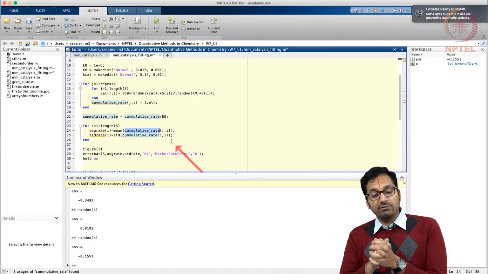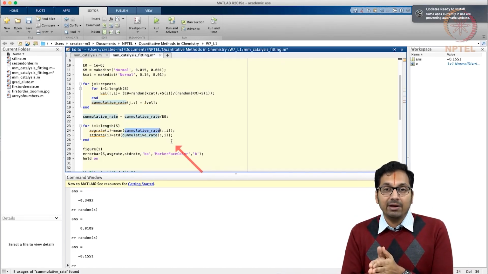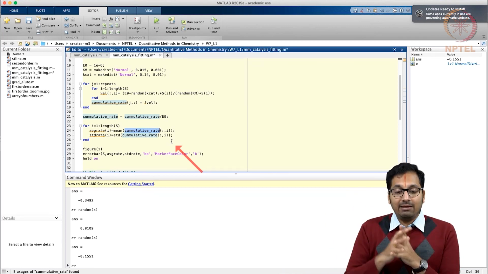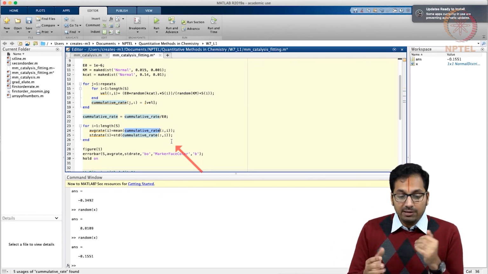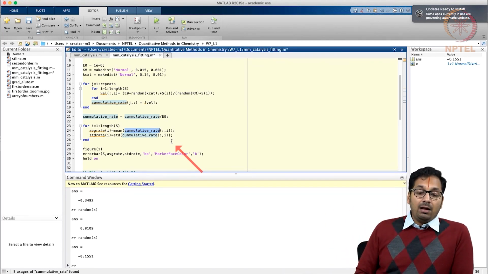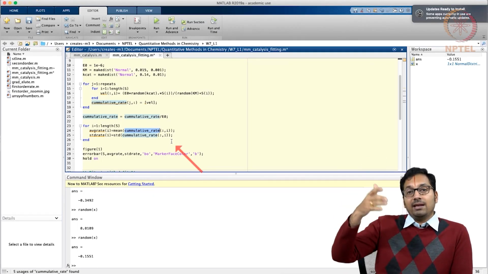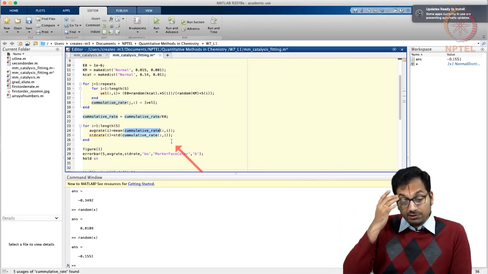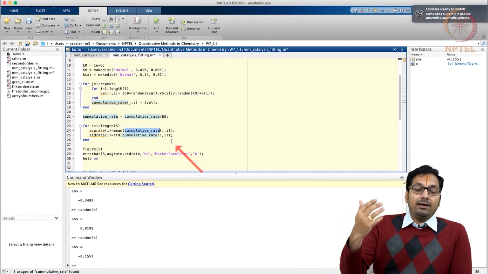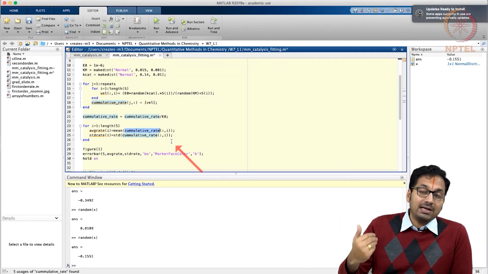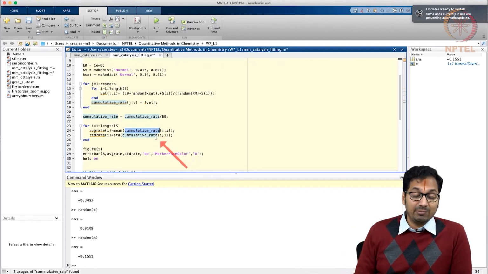This cumulative rate right now will be a 2 by 11 matrix, because you have 2 repeats and 11 concentrations of substrate, maybe even more since I added a few, and now it will find the average for these 2 repeats. When you are doing 10 repeats, this will be a 10 by n matrix, where n is the number of substrate concentrations, and now it can determine the average and the standard deviation in each of these separate steps.